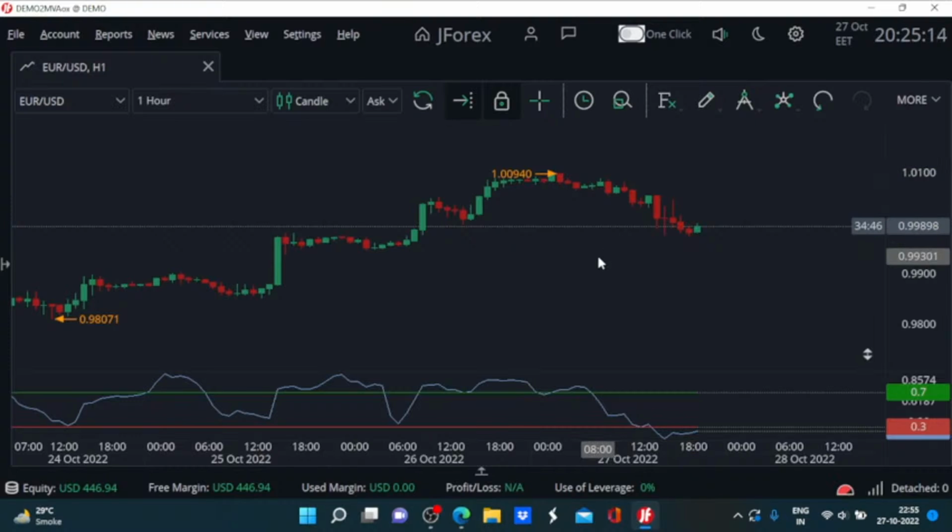Now, coming to its technicalities, the calculation of the Tom DeMark indicator is a bit complex, and we are not really likely to get much information on how this indicator is calculated, as it's a proprietary tool.